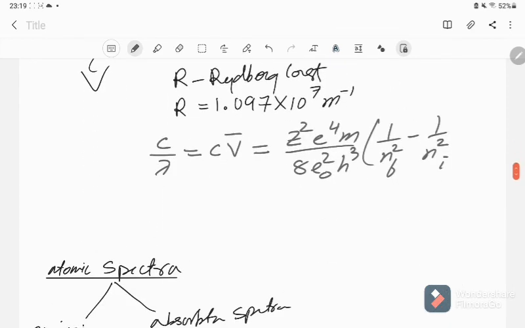After that, this ν and this c will go downside.